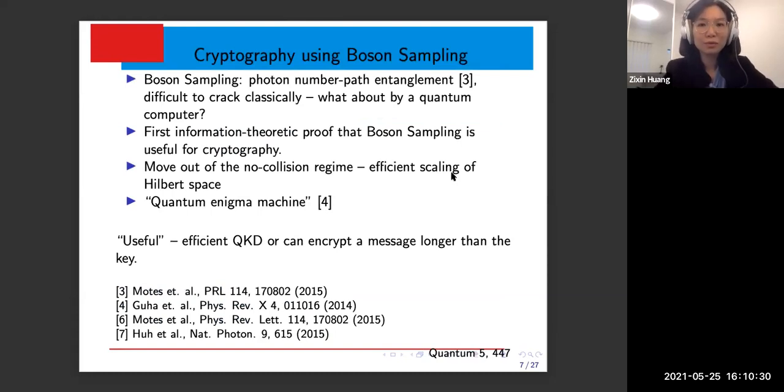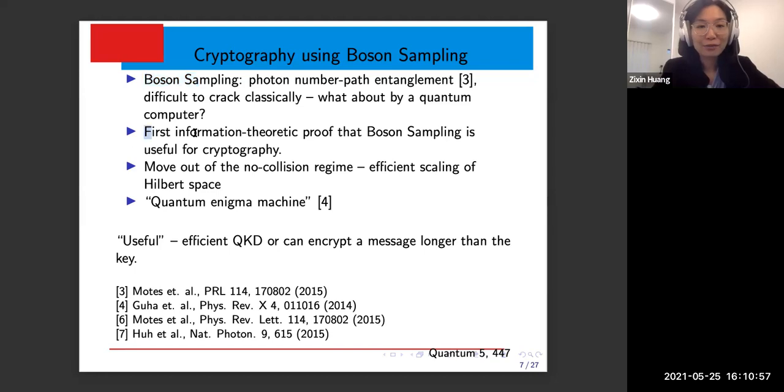This is the intuition behind how this project was formed. We know that for boson sampling, you shoot in an array of photons, and at the output there's going to be a large photon number path entanglement. We know this is hard to crack classically, but what about by a quantum computer?